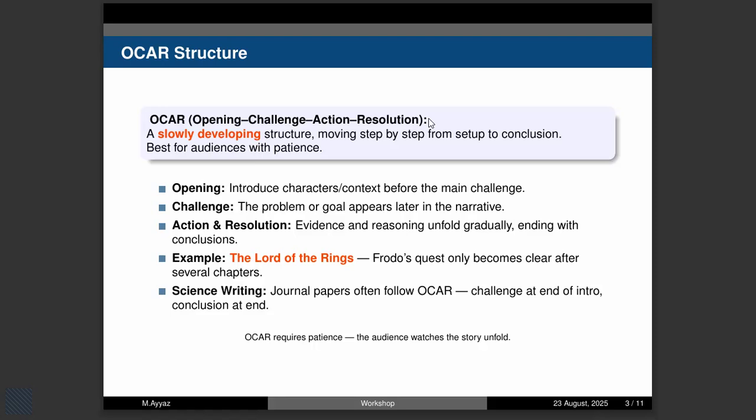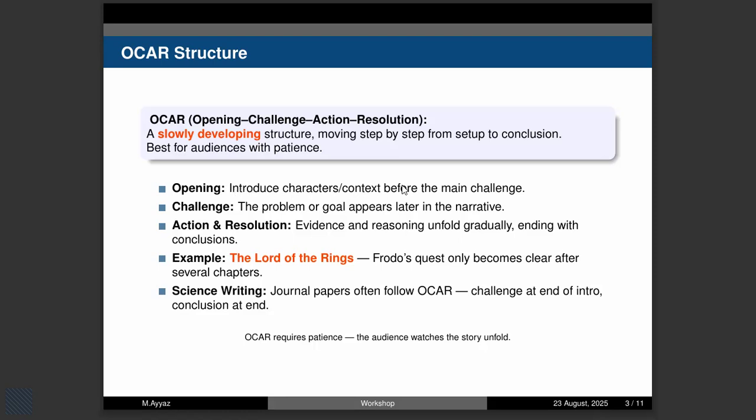So as I said earlier, the opening introduces the characters. What are the characters of our story? And it describes the background in which the characters are going to play their roles.